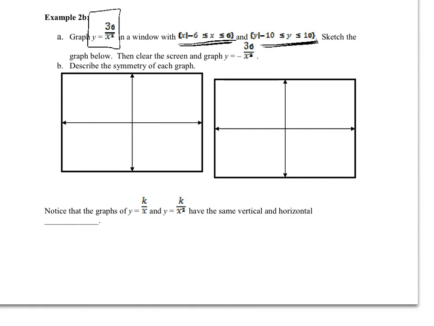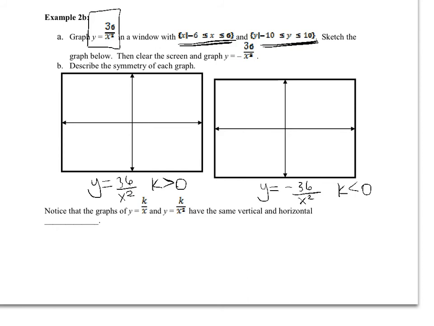That's going to be the left graph, so y equals 36 over x squared. And the right graph is going to be y equals negative 36 over x squared. So in this case, k is less than 0 on the right graph, and on the left graph, k is greater than 0, because it's positive 36 on the left graph and negative 36 on the right graph.